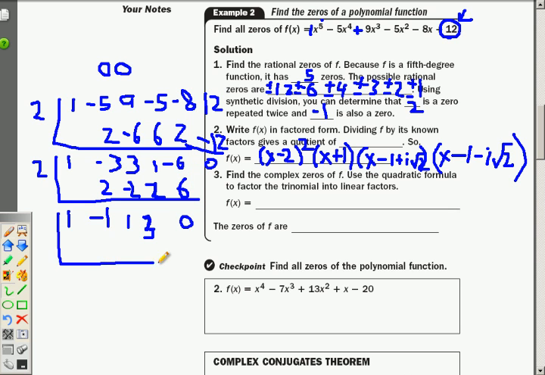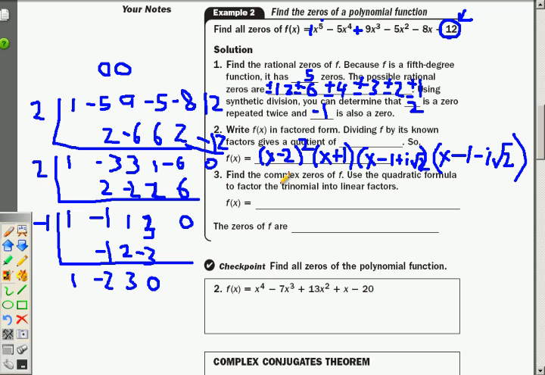And then my other factor that I found, using my calculator, was that negative 1. So I drop that 1, get a negative 1 here. Add them together, negative 2, 2, 3, negative 3, 0.